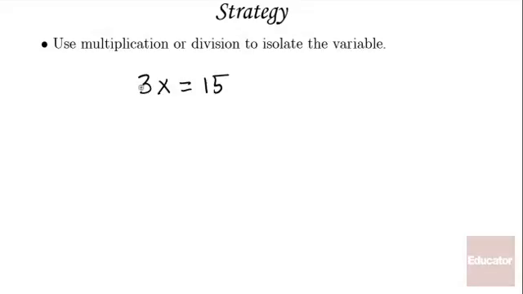And remember, you need to do the opposite operation in order to isolate a variable. So as discussed with subtraction and addition, you need to do the opposite operation. In this case, that would be division.